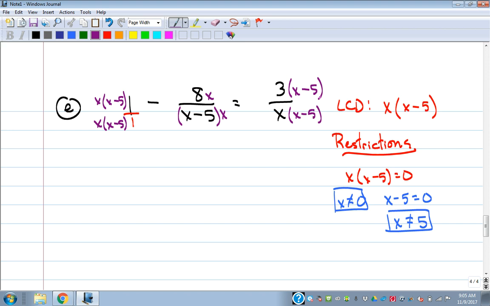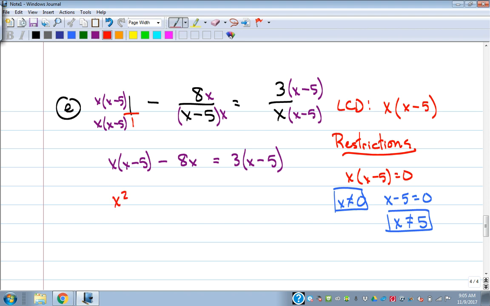So all you've got to worry about is what? The numerators. So once I've done this, I've got all the denominators having the same stuff on them. I can just look at the numerators then and solve that equation.